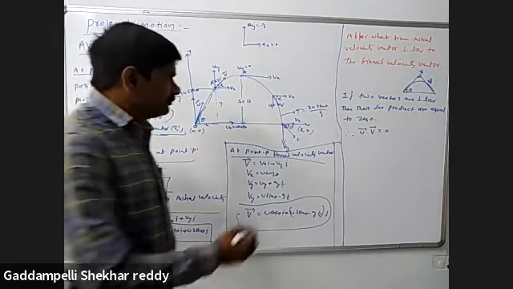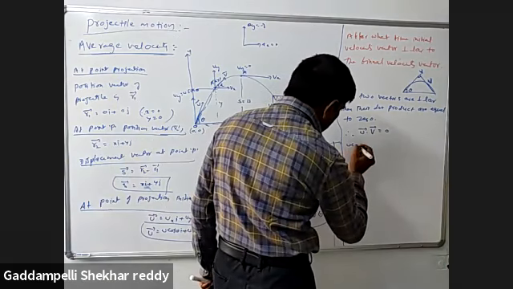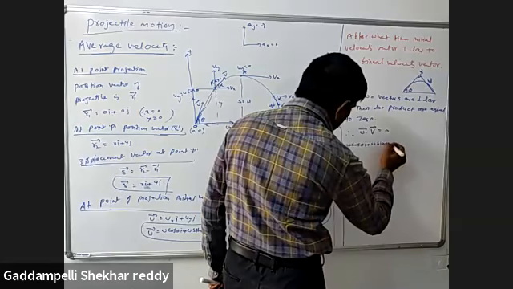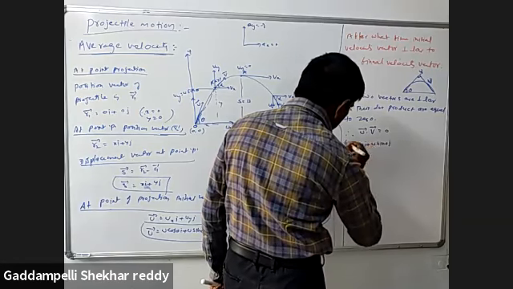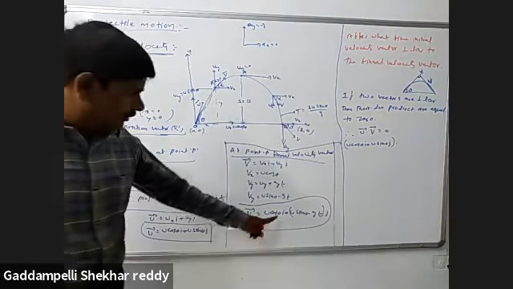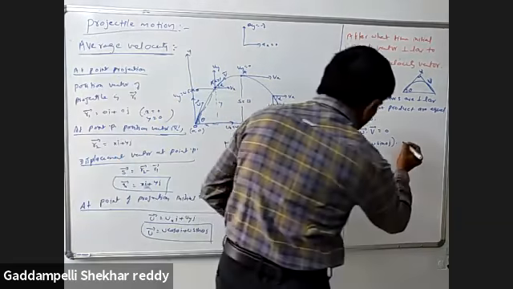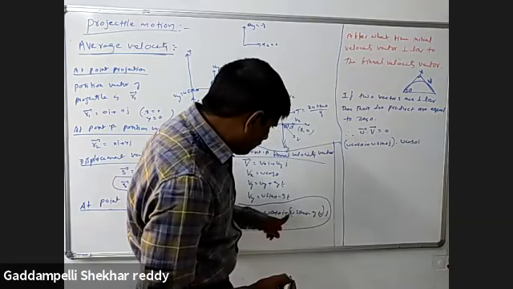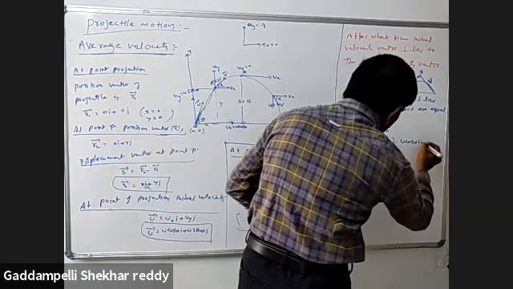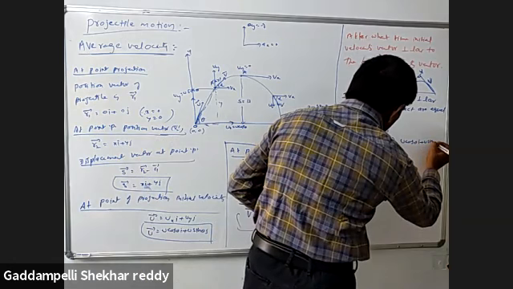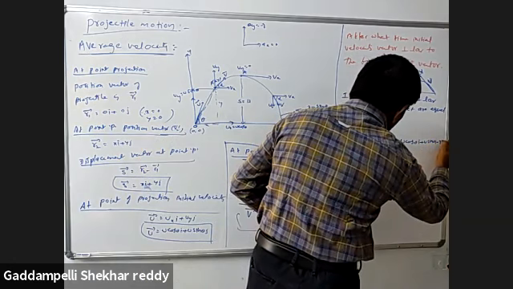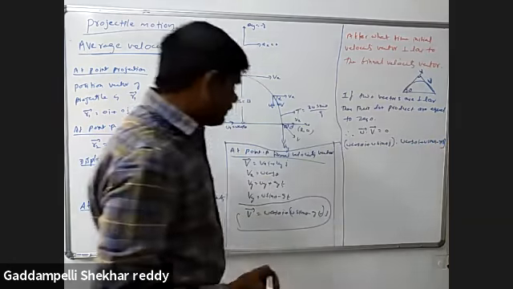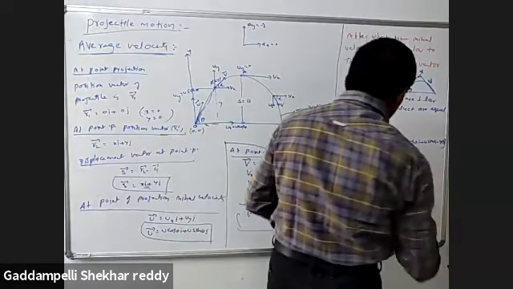Where what is u bar? U bar is u cos theta i plus u sin theta j, dot final velocity vector, u cos theta i plus (u sin theta minus gt) j. So bracket removed, that is equal to how much?